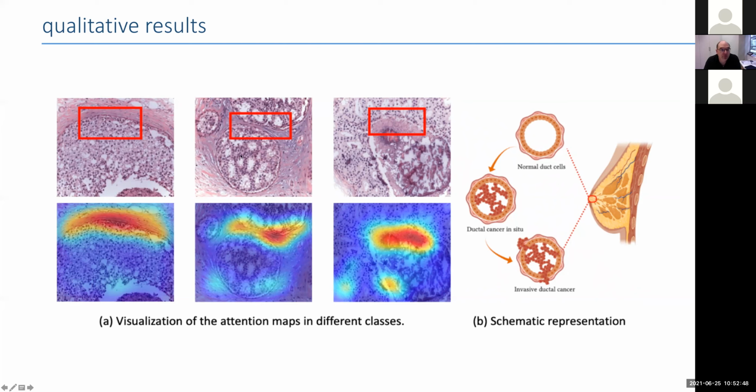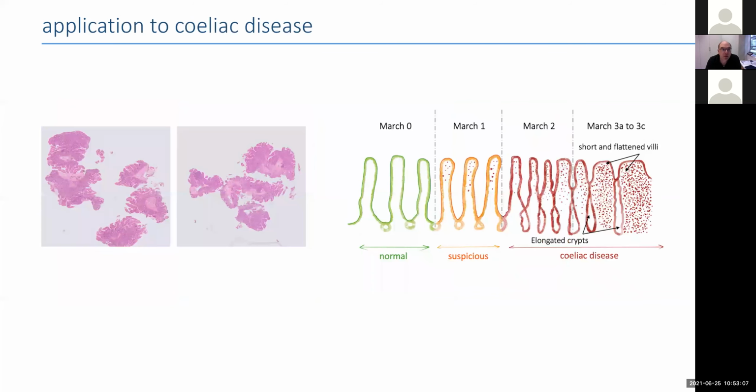She gave the same slides to a pathologist and said, if there's one region in the image, which region is the most important one for diagnosis? And between the highlighted maps and the rectangles you see on the top, there was a 75% concordance that, for that limited study, we thought was very encouraging.